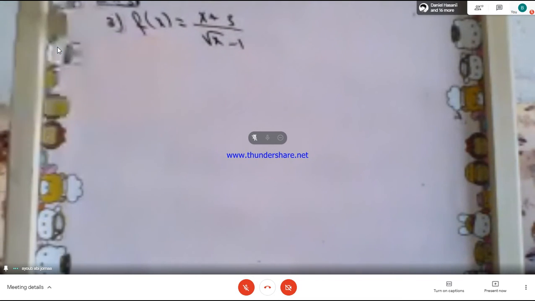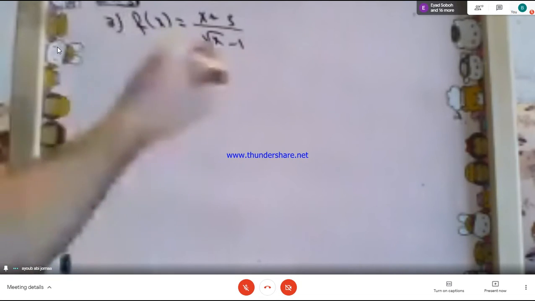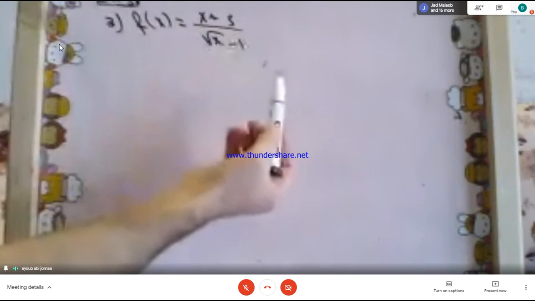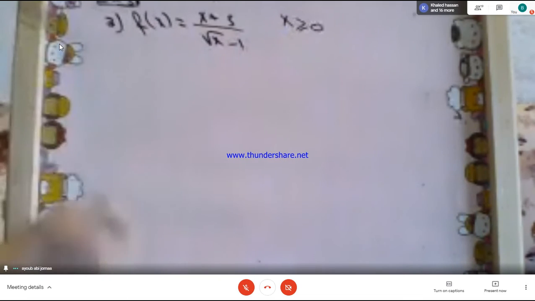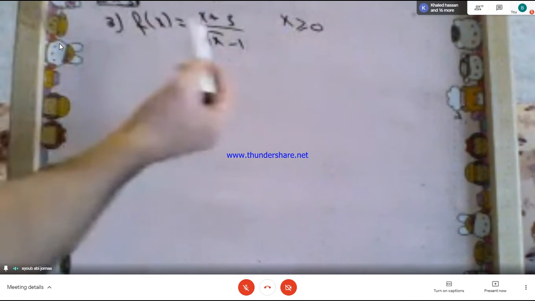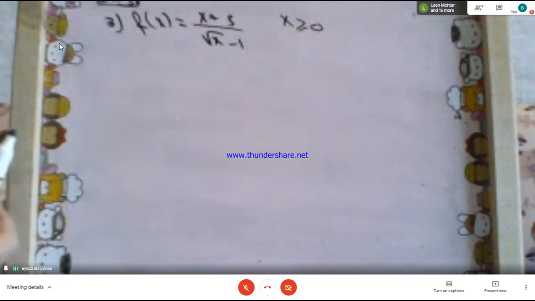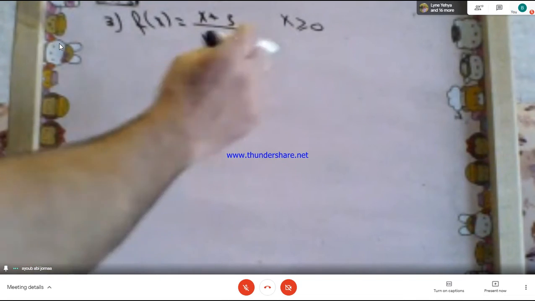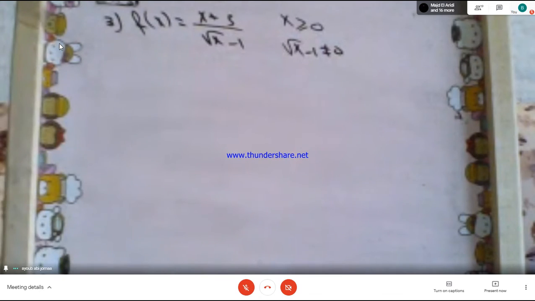Let's come to the horizontal asymptote and one remark. You have radical x. Inside the radical should be greater than or equal to 0. Domain: radical x minus 1 should not be equal to 0.